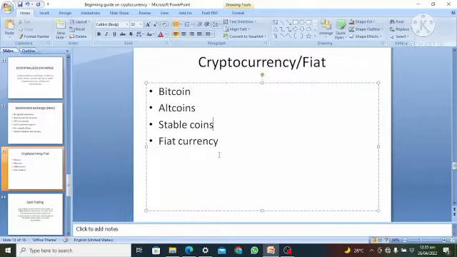I'm going to say that stable coin is very important, because when you make a profit in altcoins, you'll be wondering, how can I withdraw? You have to convert your money back to stable coin before withdrawing, because if you have not converted the money to stable coins, that automatically means that money is not your own yet.